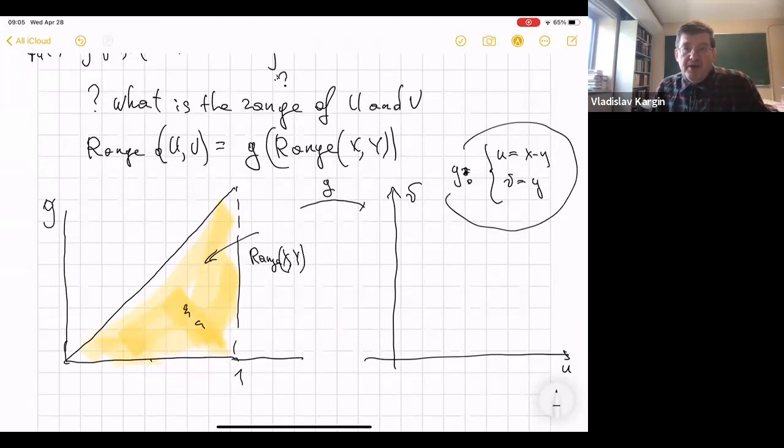In this specific case, it's very easy. The difficulty happens in other examples, where it is not so easy to figure out.